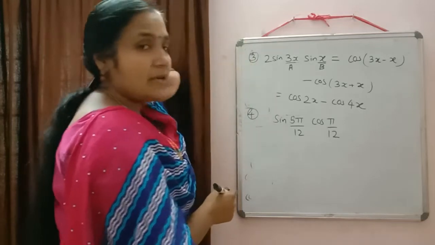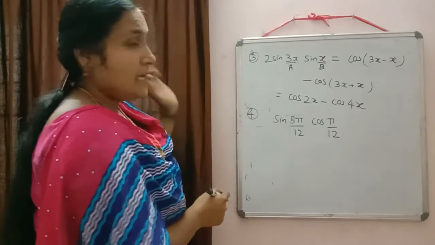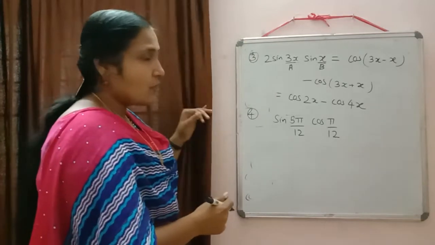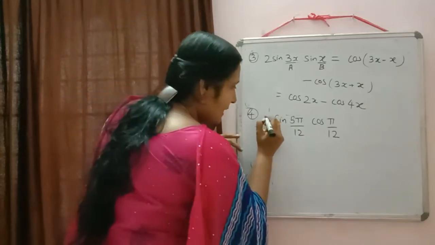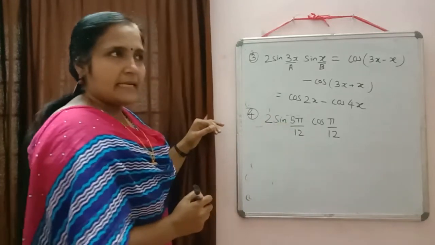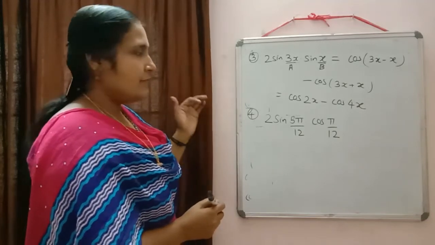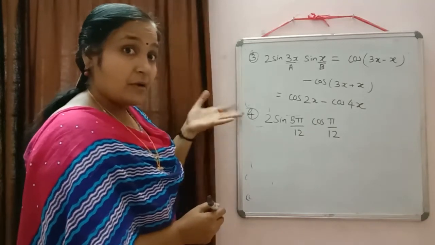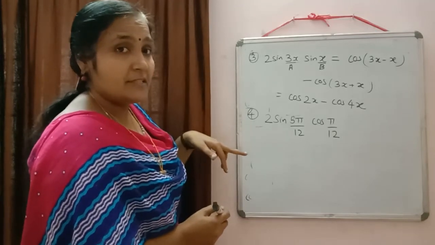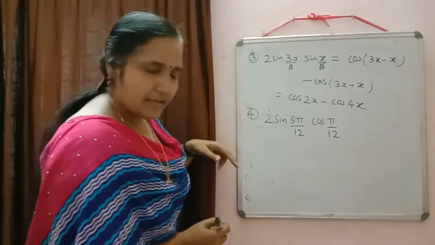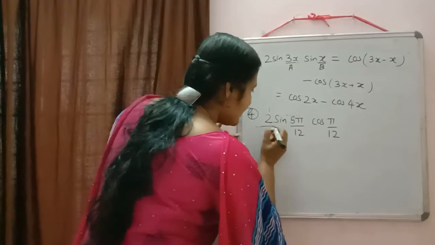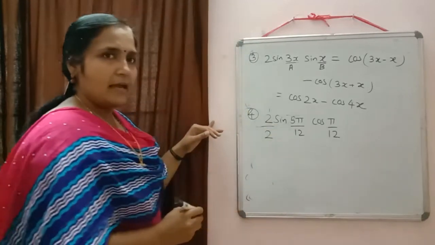But here we don't have 2, so we will multiply it by 2. But in any question, we cannot simply multiply it by any number. If you are multiplying it, then you have to do its opposite also, means we have to divide also. So we will multiply and divide the expression by 2.